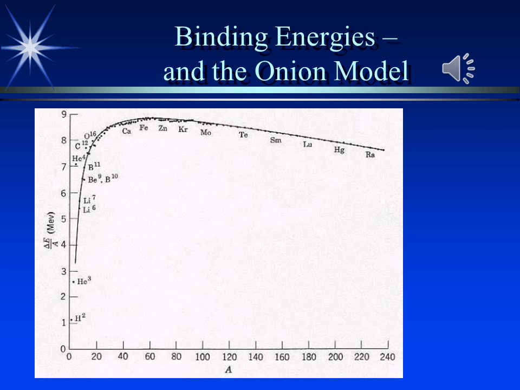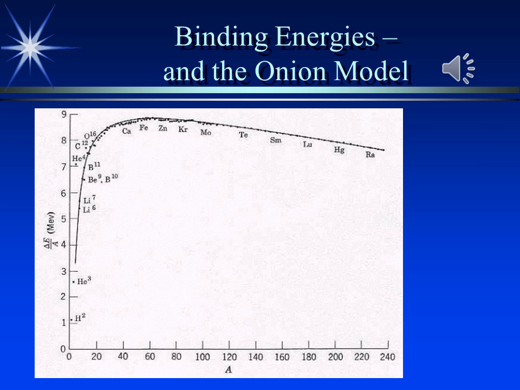Let's go back to binding energies. In the third slide of this presentation, I showed you binding energies of helium, carbon, oxygen, lithium. What I have here is the binding energies, only this time we are combining lots more, going throughout the periodic table.